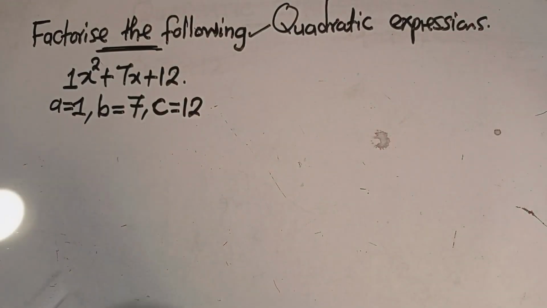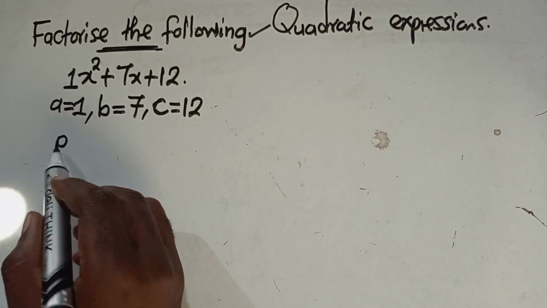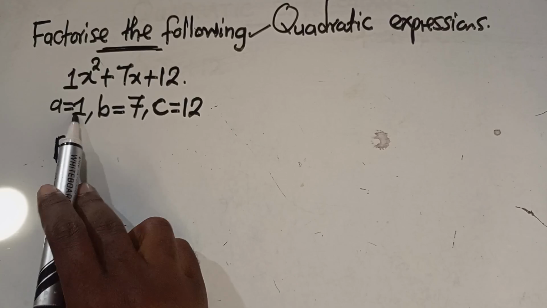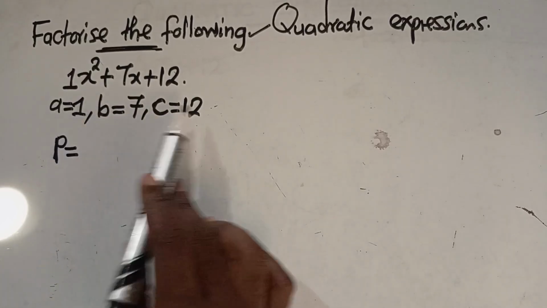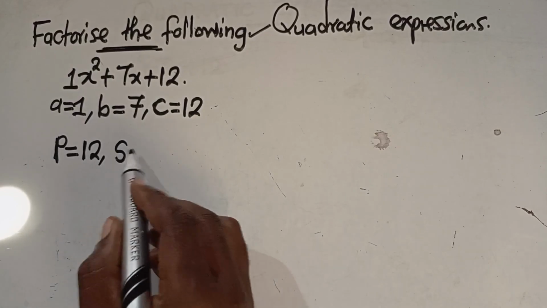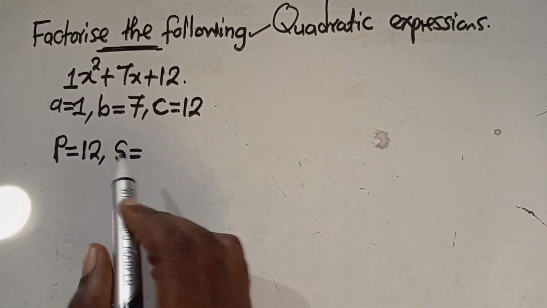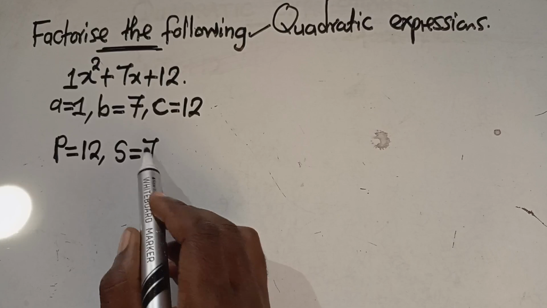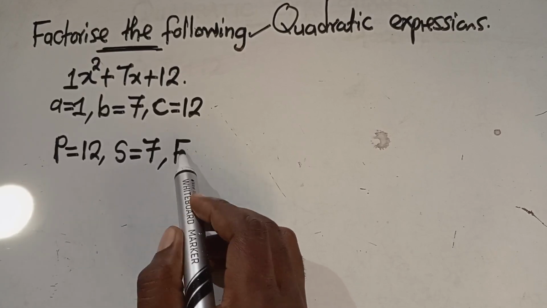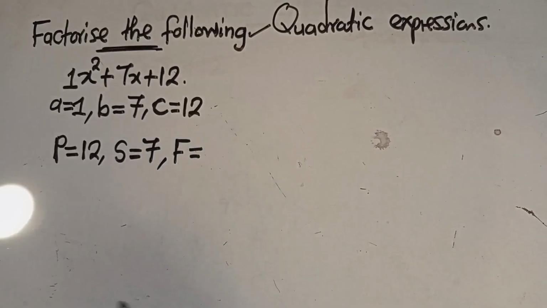For you to find the product, what is a product? You need to multiply A times C. So 1 times 12 is 12. Then what is your sum? Your sum is just the number in the middle, that is 7. Then you look for the factors.